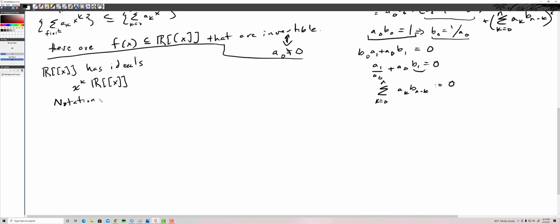And so maybe we introduce this little piece of notation called the order of f, where f is in this ring of formal power series. And this is just the lowest power of x with non-zero coefficient.